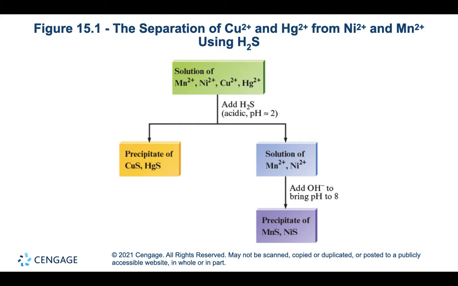And so if you add the right amount of the H2S, you will solidify out all of your mercury and copper, but leave in solution the manganese 2+ and the nickel 2+.